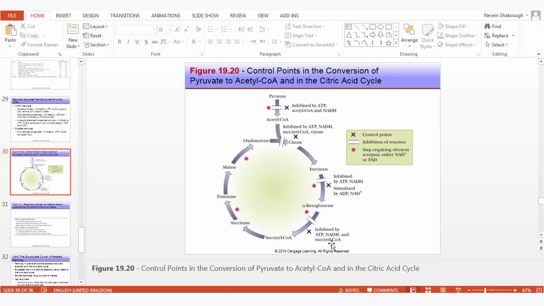Now the third site is catalyzed by the enzyme called alpha-ketoglutarate dehydrogenase complex. Again, ATP and NADH as well as succinyl-CoA inhibit the enzyme. Note that succinyl-CoA here acts as a product inhibition.